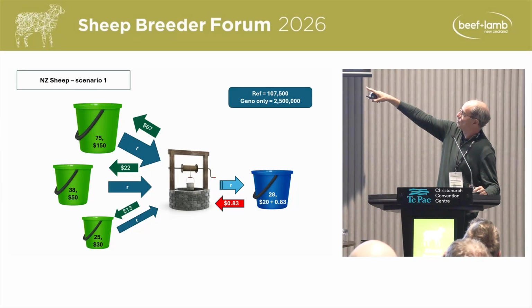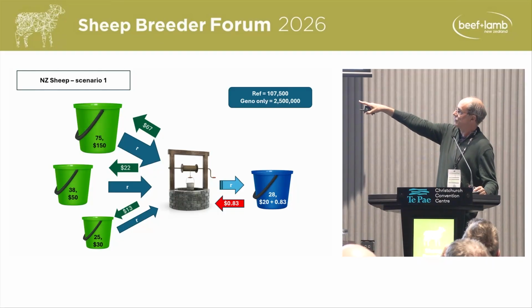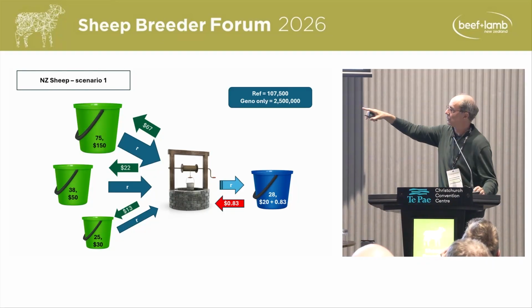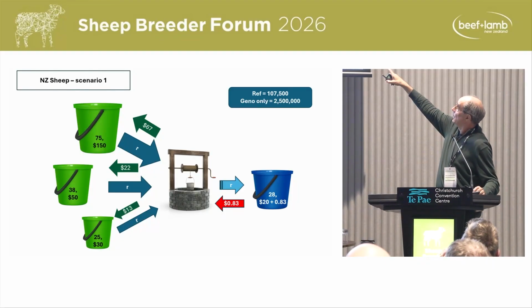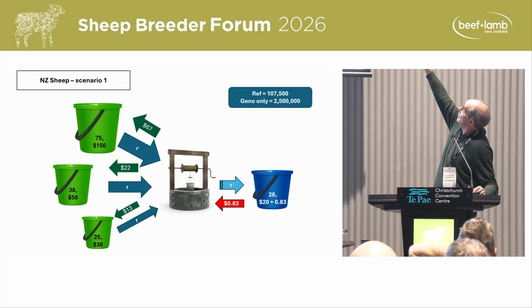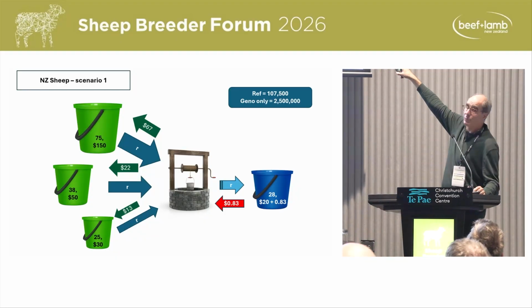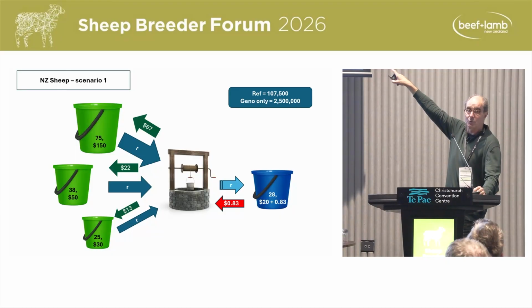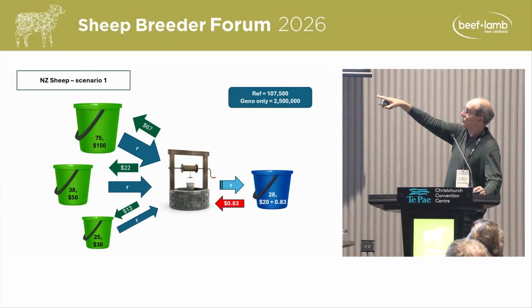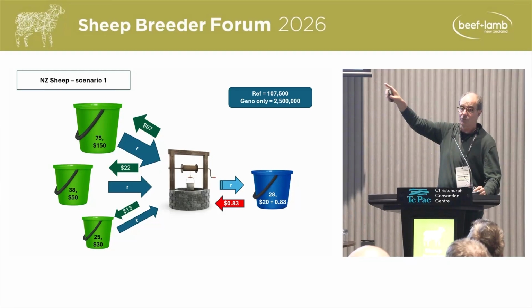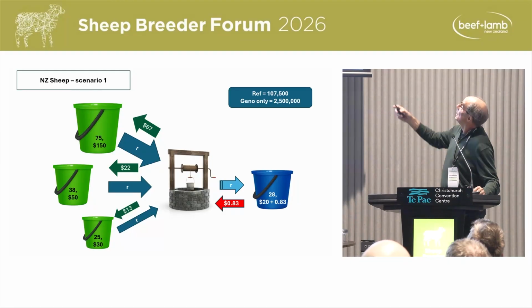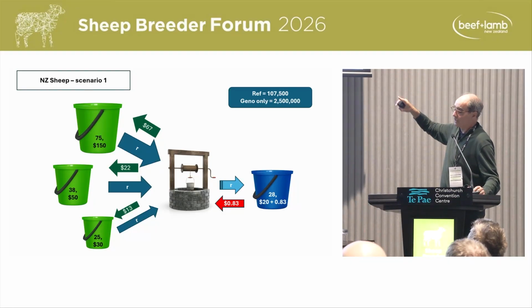And I just made a couple of approximate New Zealand scenarios where I've got high expense, high accuracy phenotyping, sort of middle expense, middle accuracy, low expense, low accuracy phenotyping, and I've got 107,000 animals in total across the green buckets, and I've got 2.5 million animals being genotyped represented by the blue bucket. So the green over there is the reference, 107,000 animals, and the genotype is 2.5 mil.